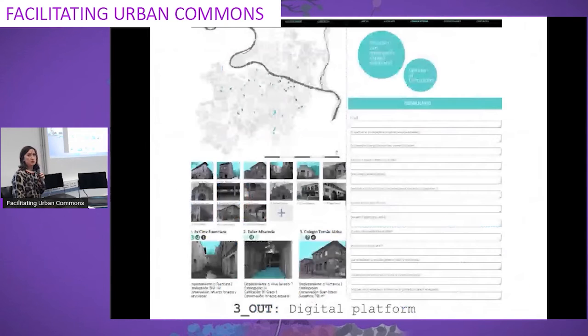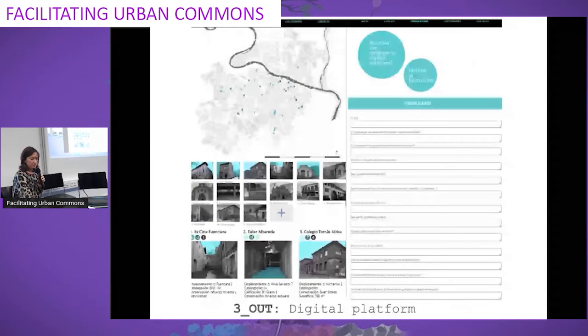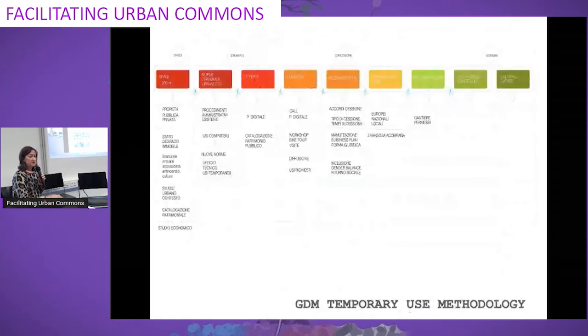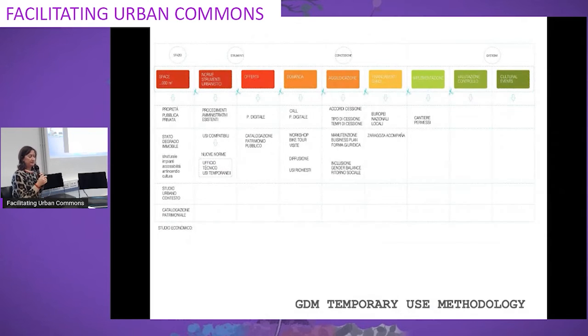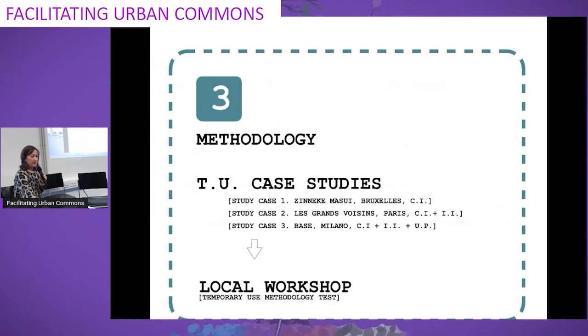We created also a website where you can upload your own needs and ask for one of those buildings. So this was the second experience, and when we finished the program, we created this methodology, identifying different steps, which will then be analyzed for the GECO toolkit.